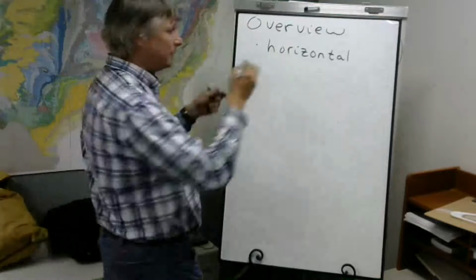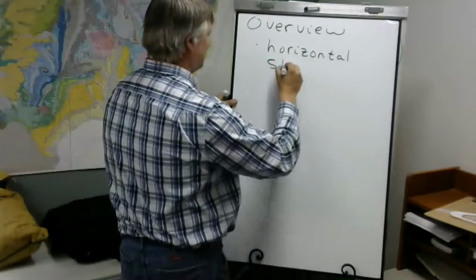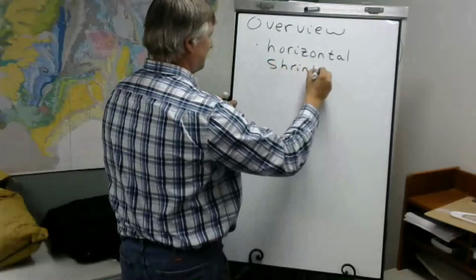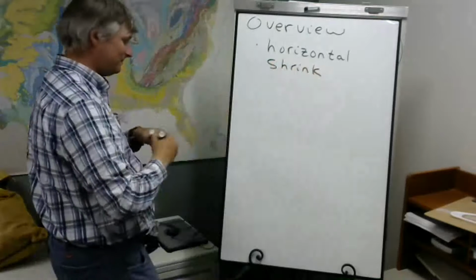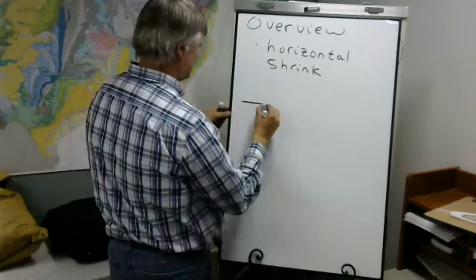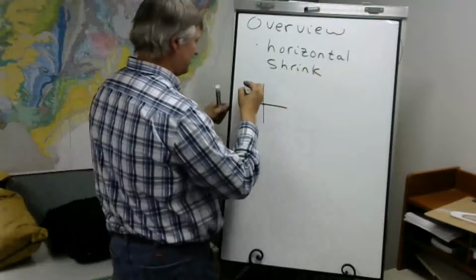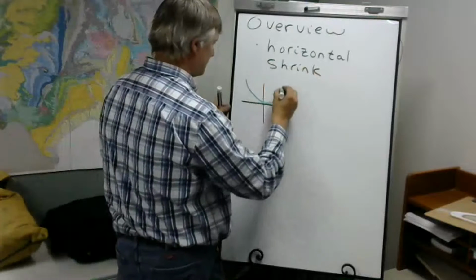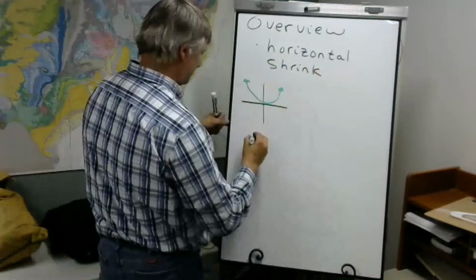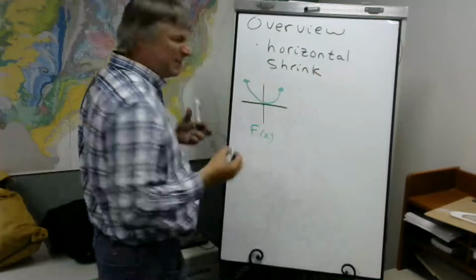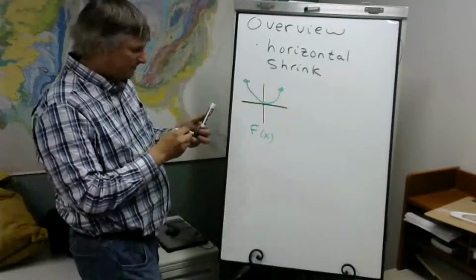For the horizontal shrink, f of x, again, it's parabola x squared.